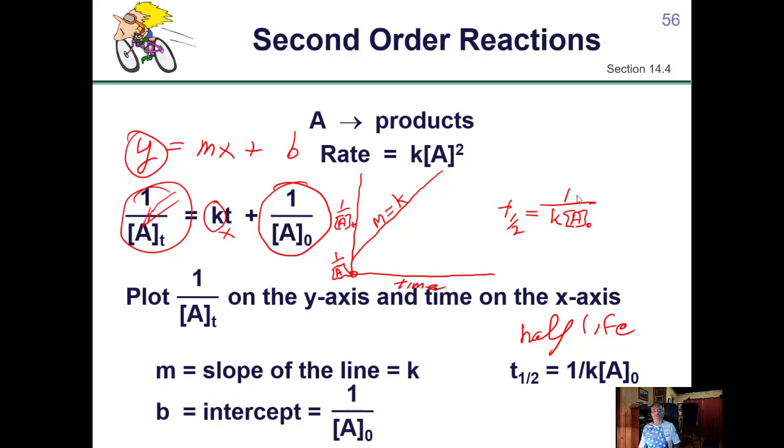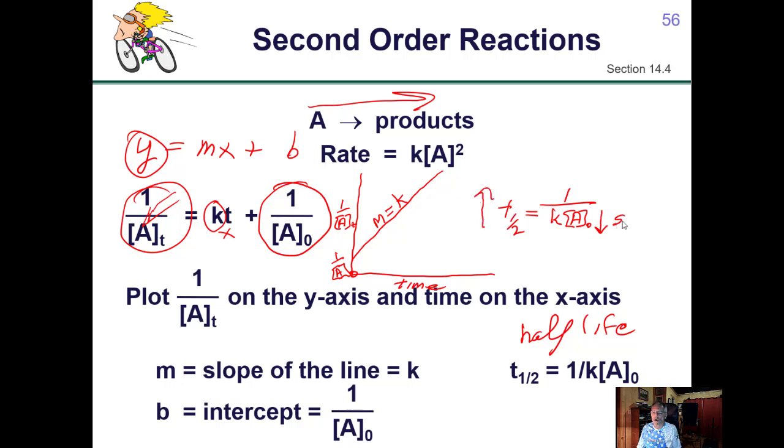Now, as the reaction goes forward, our concentration of A is going to go down. So if we have a smaller concentration of our reactant A, what's going to happen is you have a smaller denominator. It's still being divided into 1, and so that's going to cause the half-life to increase.